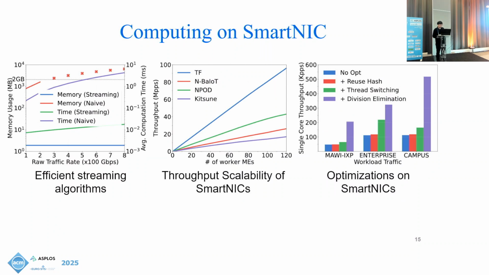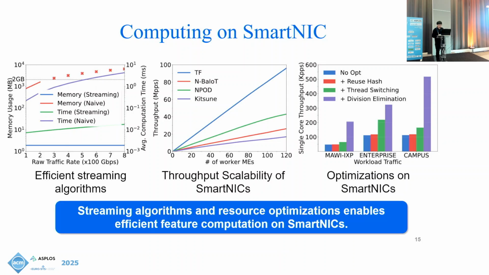To show the effectiveness of feature computing on SmartNICs, we conduct experiments to show the memory usage of the streaming algorithm, throughput scalability of SmartNICs, and optimization on SmartNICs. As we can see, the streaming algorithm and resource optimizations enable efficient feature computation on SmartNICs.